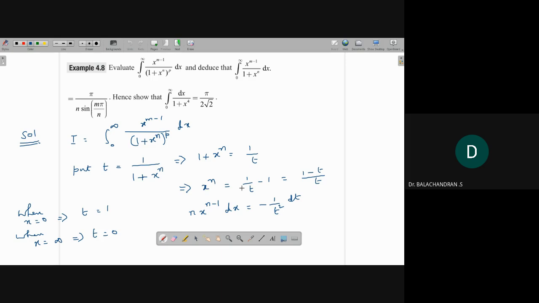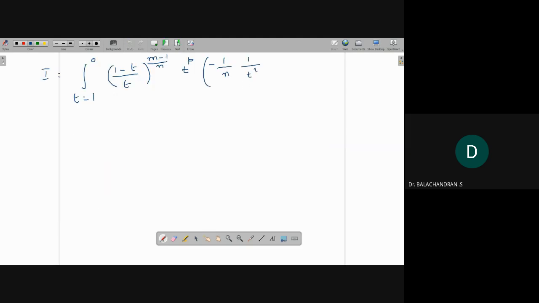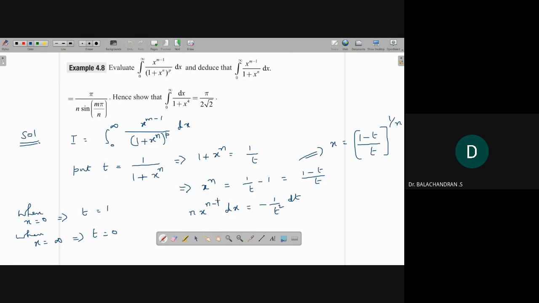Since x is (1 minus t by t) whole power 1 by n, x power n minus 1 is (1 minus t by t) whole power n minus 1 by n.